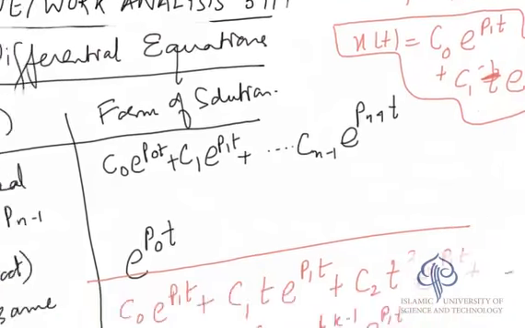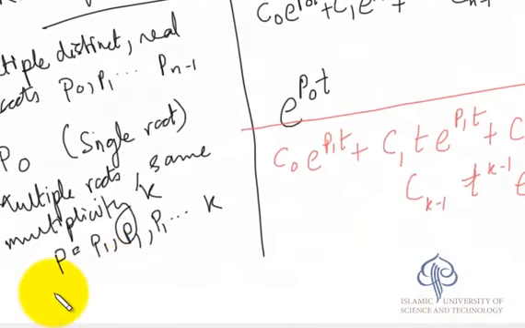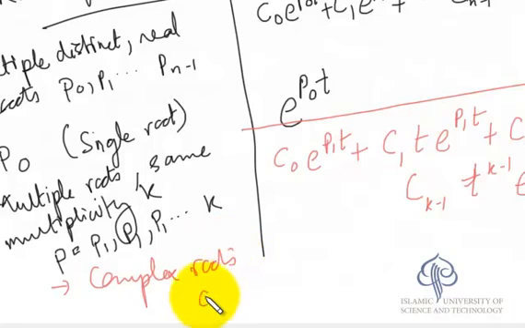In case you have complex roots, sigma plus j omega and sigma minus j omega, complex roots will always occur in complex conjugate pairs because the coefficients a0, a1 up to a(n minus 1) are real. So the complex root, if it occurs, will be sigma plus j omega, and it will be sigma minus j omega.